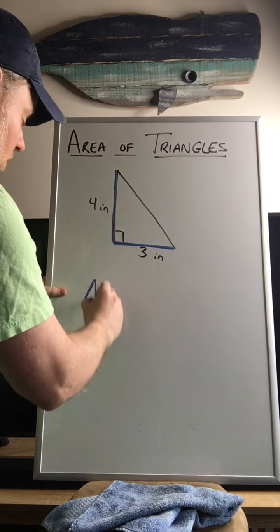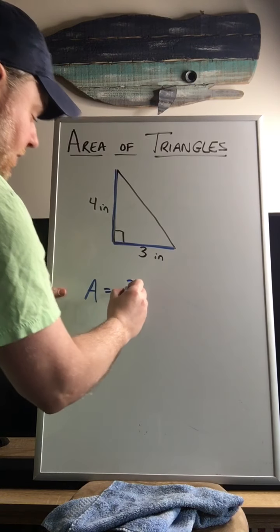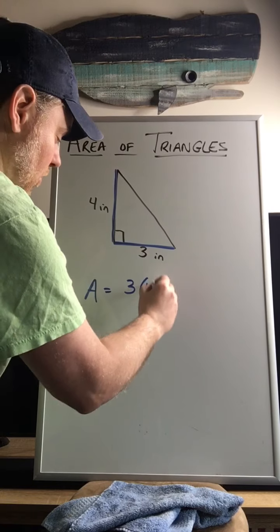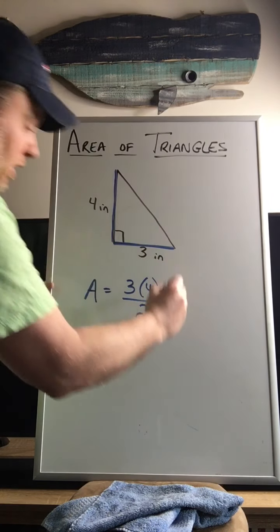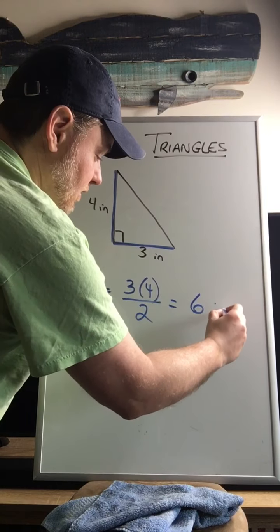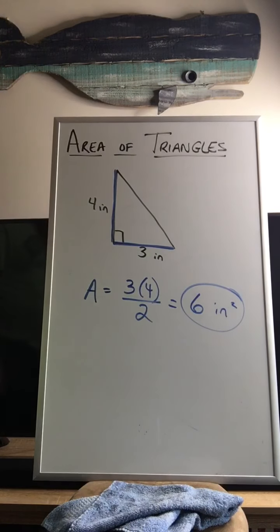So the area would be the base, which is 3, times the height, which is 4, divided by 2. So the area of that triangle would just be 6 square inches. Okay? So area of a triangle, pretty straightforward.